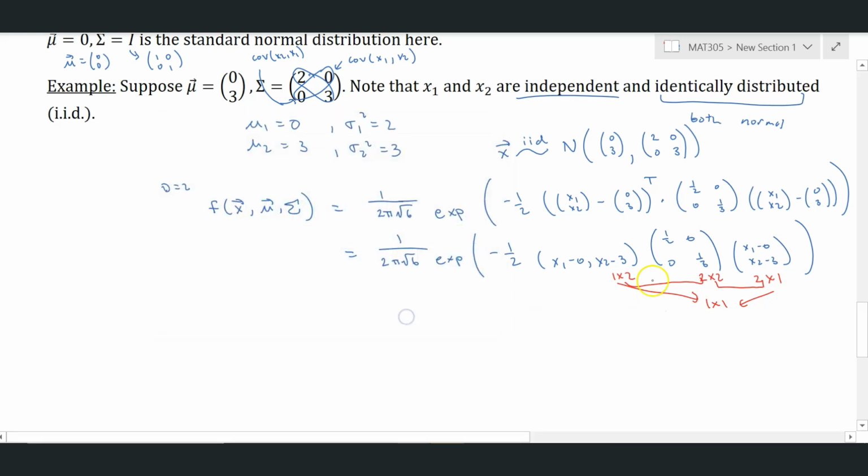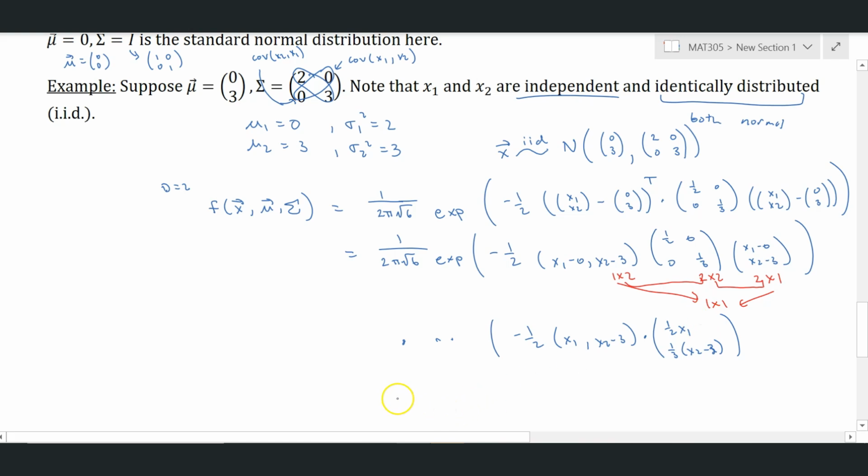What that will give us is negative 1/2 times x1, x2 minus 3. And then when you multiply these, we should get a 2 by 1 vector from just these two multiplying together. The top component will be 1/2 of x1, and the bottom component will be 1/3 of x2 minus 3.